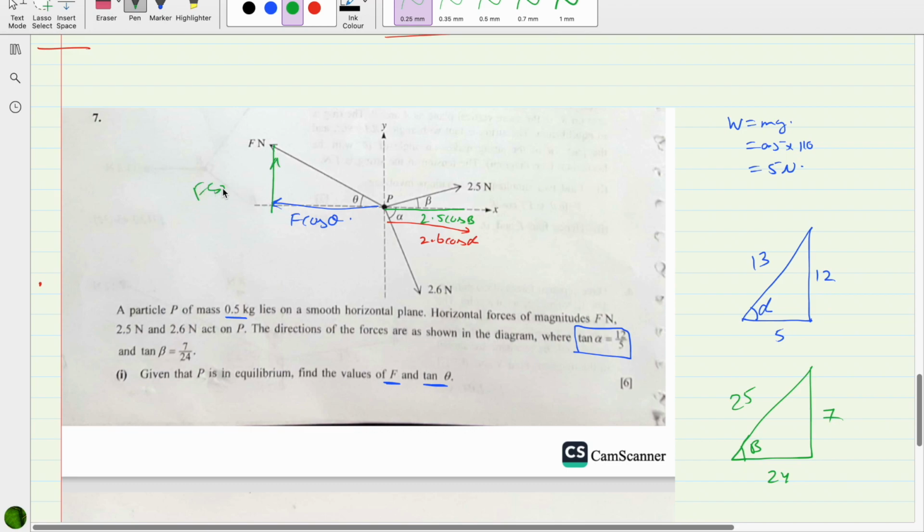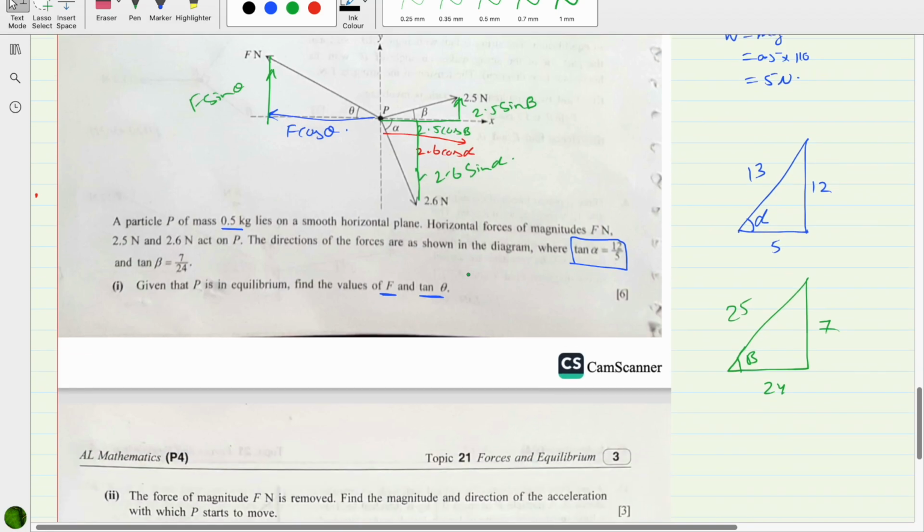This is F sine theta upwards. This is again upwards, which is 2.5 sine of beta. This one is downwards, which is 2.6 sine of alpha. So now we adjust these three. Two are upwards and one is downward.